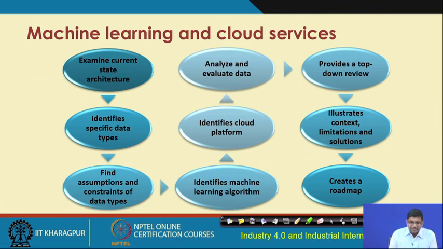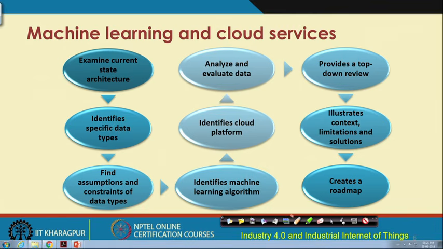Basically, it starts with examining the current state of the architecture. Thereafter, the next steps are identifying the specific data type, finding the assumptions and constraints of the data types, identifying the suitable, targeted machine learning algorithm that is applicable, identifying the cloud platform, analyzing and evaluating the data, providing a top down review, illustrating the context, limitations and solutions, and creating a roadmap.